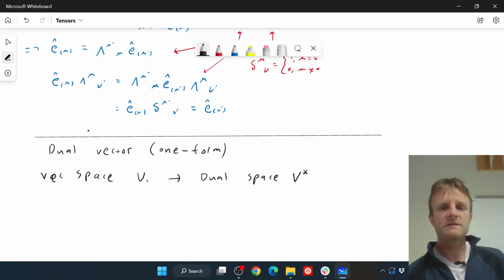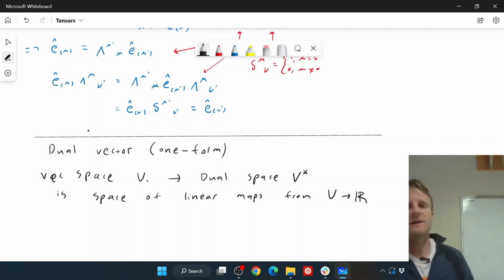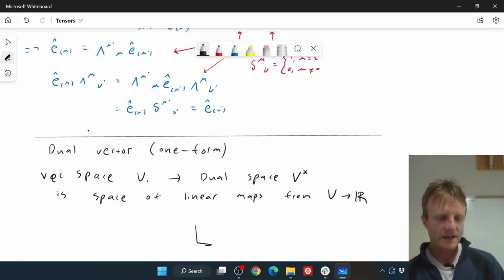Okay, and it's the space of linear maps from V to R. So we're going to see what it is more computationally soon, but you should think of it as a little machine, or an element in the dual space, rather.